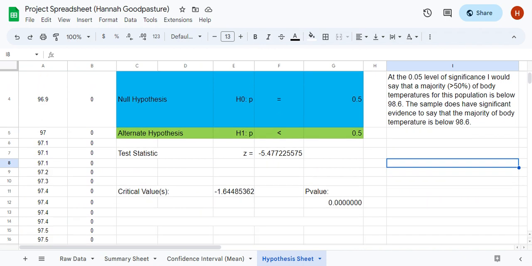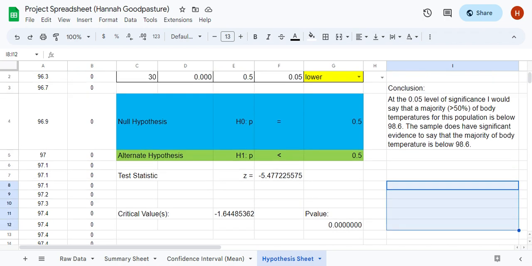My null hypothesis is H0: P equals 0.5, and then my alternate hypothesis is H1: P is greater than 0.5. The test statistic is negative 5.477. Critical value is negative 1.644. My p-value, again, is 0.